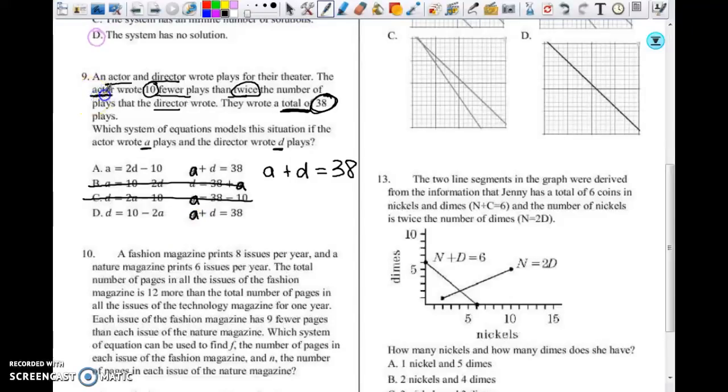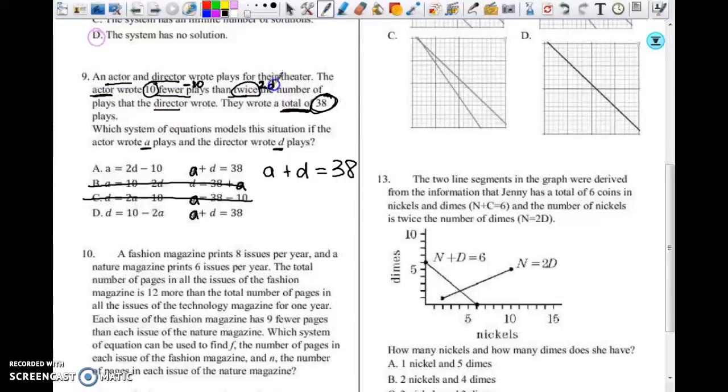The actor wrote 10 fewer plays than twice the number of plays the director wrote. So remember, 10 fewer means I should have a minus 10, right? And twice means we're multiplying 2 to the number of plays the director wrote.